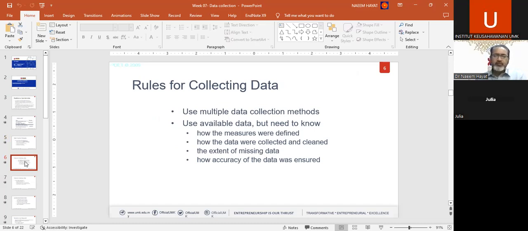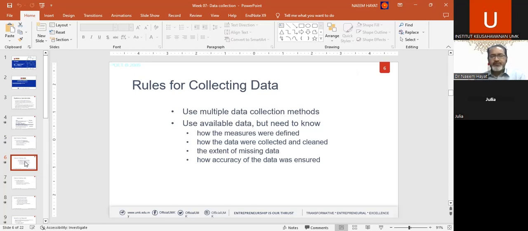Use available data, but need to know. Sometimes we are using secondary data or data at hand. So we must be able to understand, and be able to answer, having a clear idea of how the measure was defined.